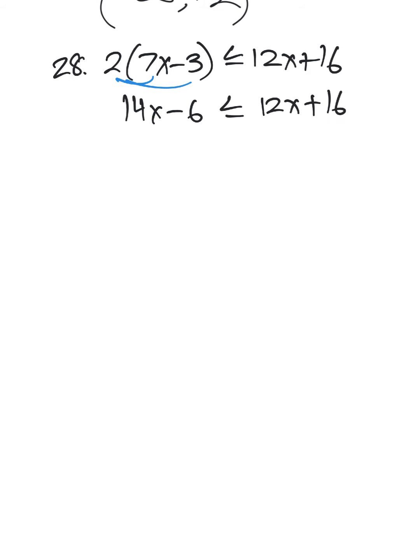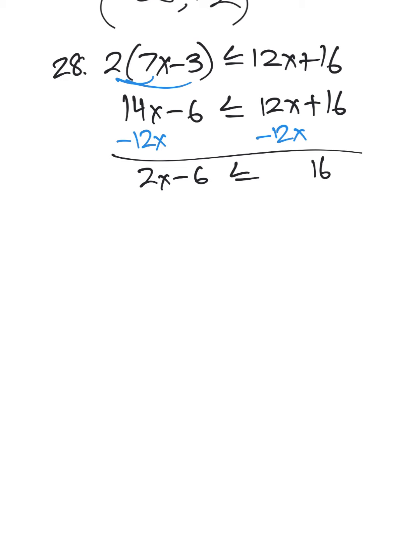And let's go ahead and move that to the left. You're going to want to try to keep your variables on the left side. It's just helpful at this point to do that. You do not have to, as long as you understand what you're doing.